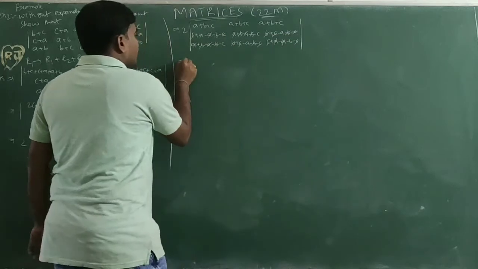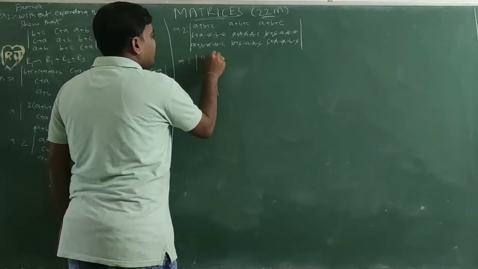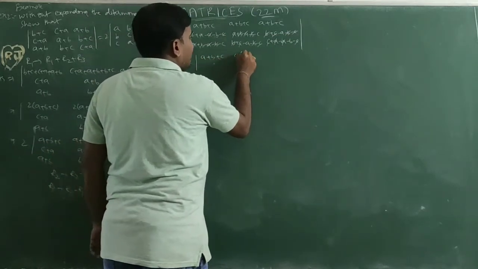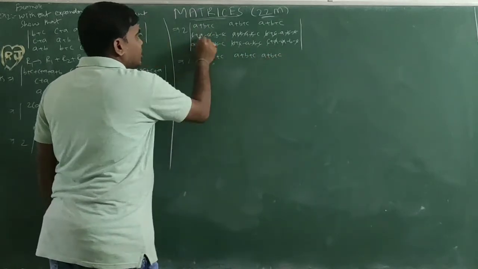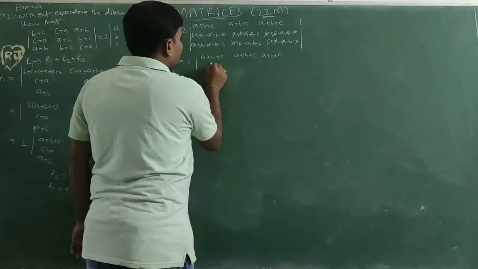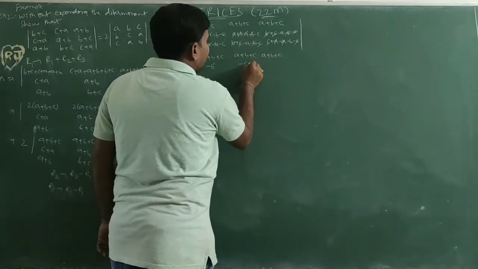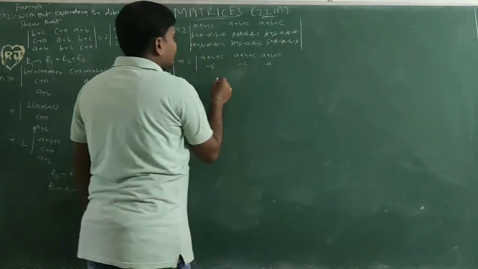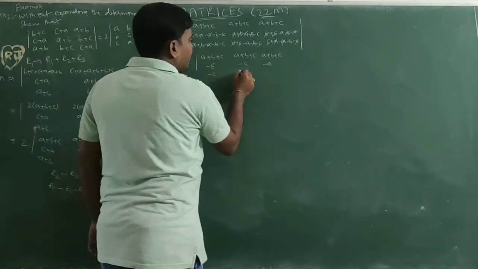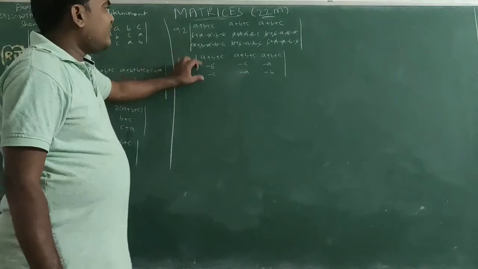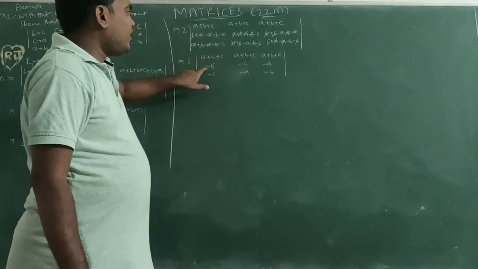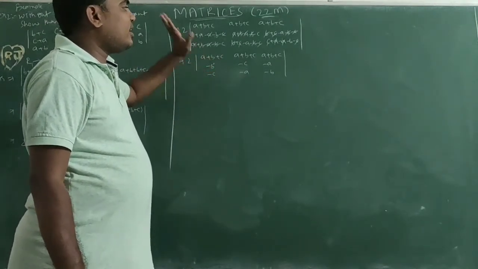The remaining is 2 of A plus B plus C, A plus B plus C, A plus B plus C. Next one, the remaining is minus B, minus C, minus A. Next, in this minus C, minus A, minus B. So if we add these three, A plus B plus C, minus B minus C, B cancels, C cancels.